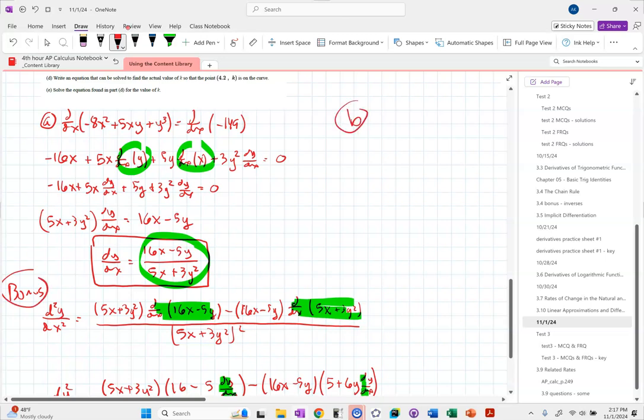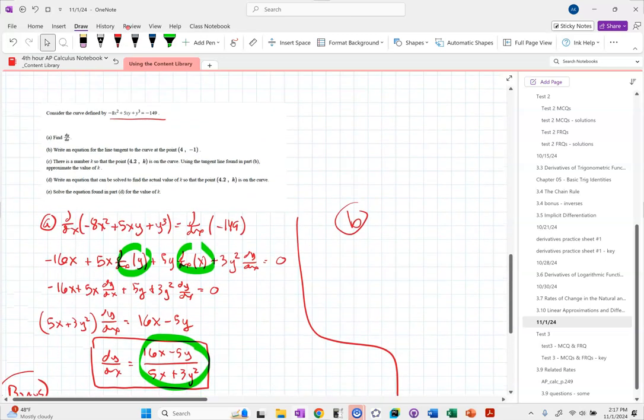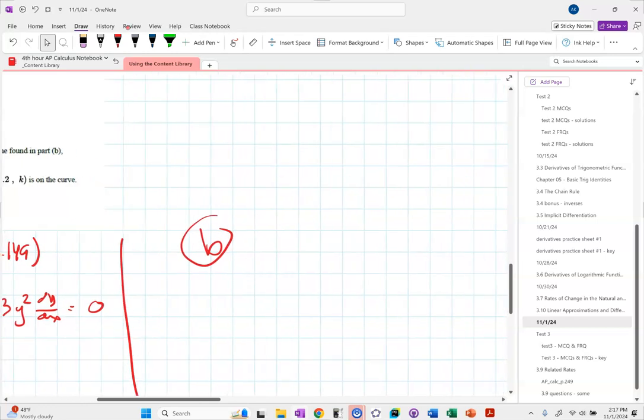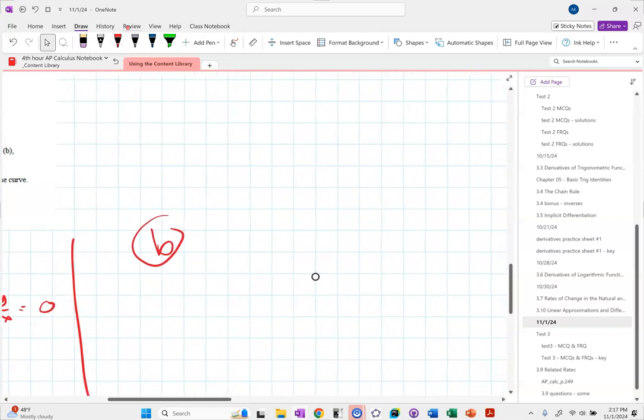All right. Part B says, write the equation for the tangent line to the curve at the point (4, -1). So to write a tangent line, I need slope and a point, correct? I have the point. The slope is going to come from the derivative evaluated when x equals 4 and y equals -1.